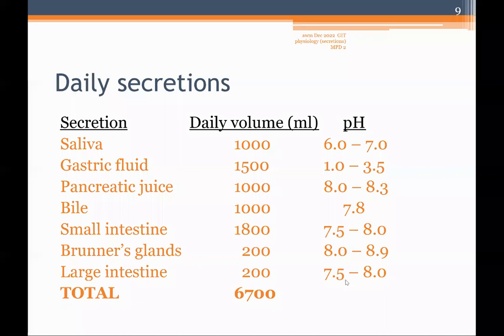Saliva totals about 1 liter per day on average, but your gastric fluid is slightly more. It's about 1,500 if you were to measure within 24 hours how much of the fluid is secreted. But you can see the pH difference. Gastric fluid, because of the presence of hydrochloric acid, has a pH of between 1 and 3.5. So it is highly acidic.